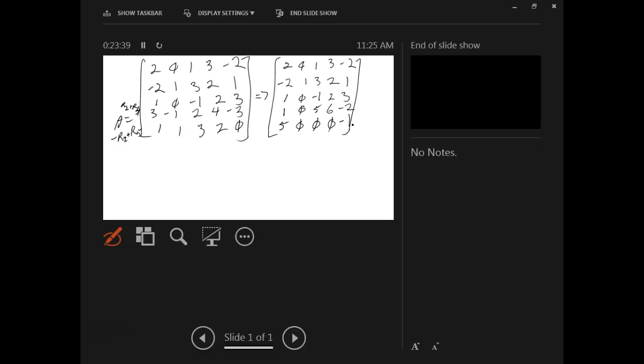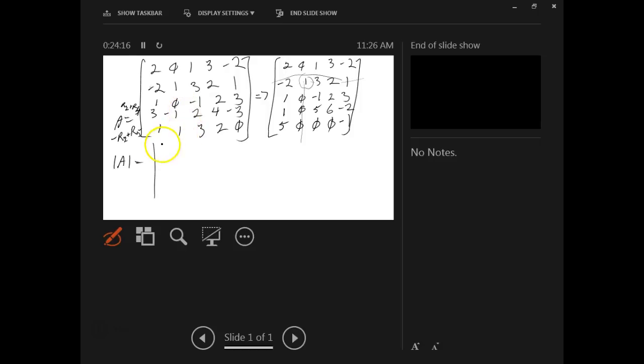So, just to keep this a little more honest, this is my key here, so I'm going to wipe out that row and that column and that row. Now that's in a positive position, so that's just going to be a 1. So the determinant of this matrix A is going to be 1 times the determinant of what's left over.